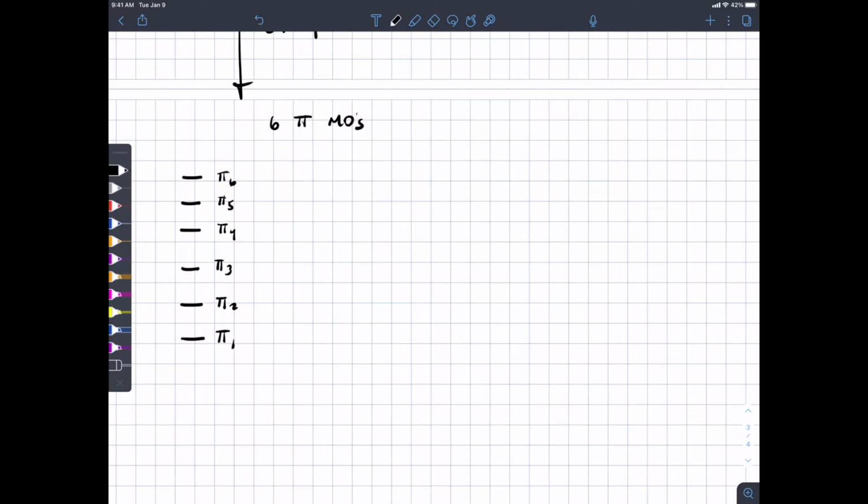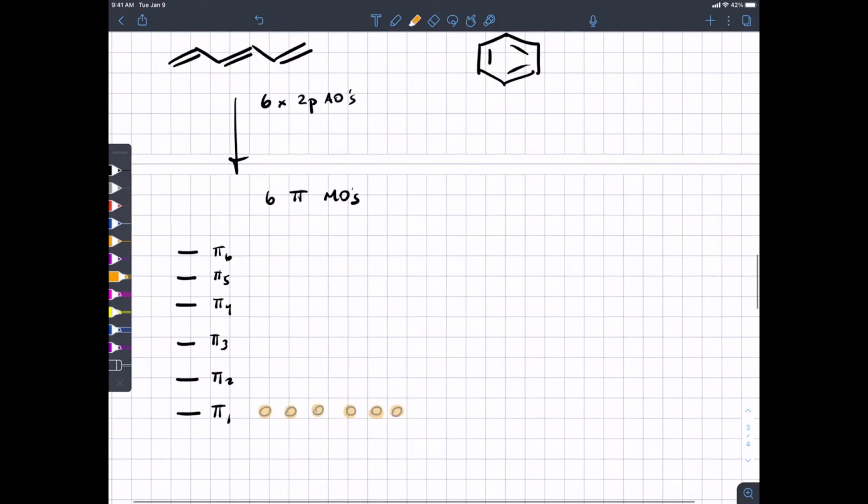And I'm only going to draw the 3 lowest ones because those are going to be the only ones that matter for us. So the lowest energy one, as you might expect, has the same wave function sign on all 6 atoms. 1, 2, 3, 4, 5, 6.